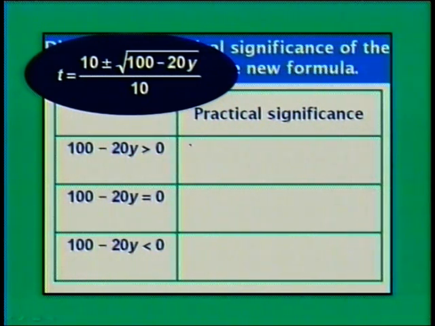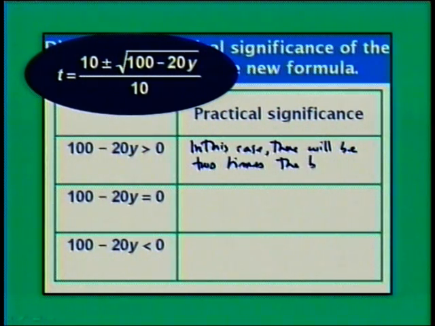Now, to write that conclusion, the practical significance would be, in this case, there will be 2 times the bottle rocket is at height y.